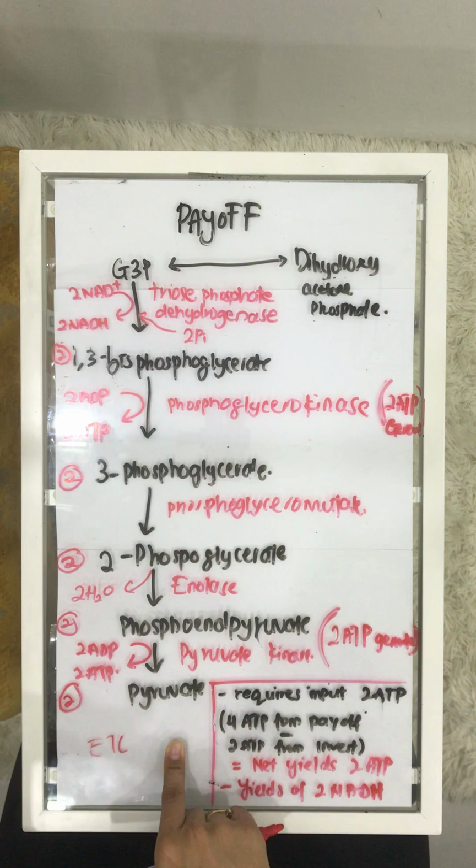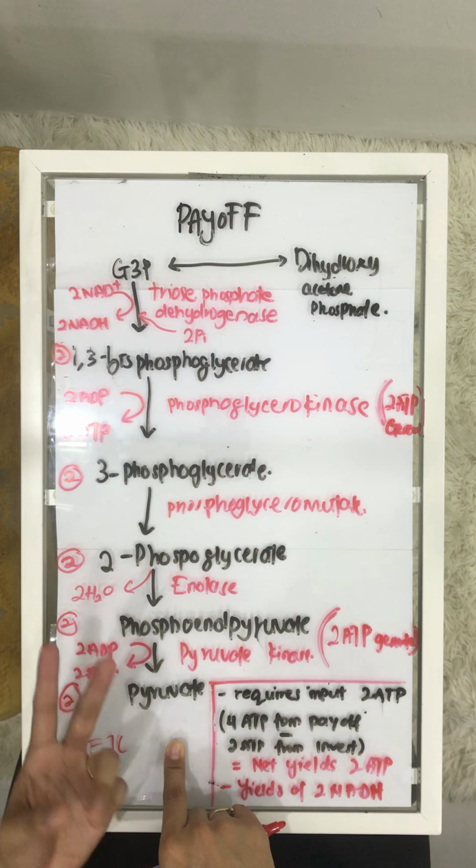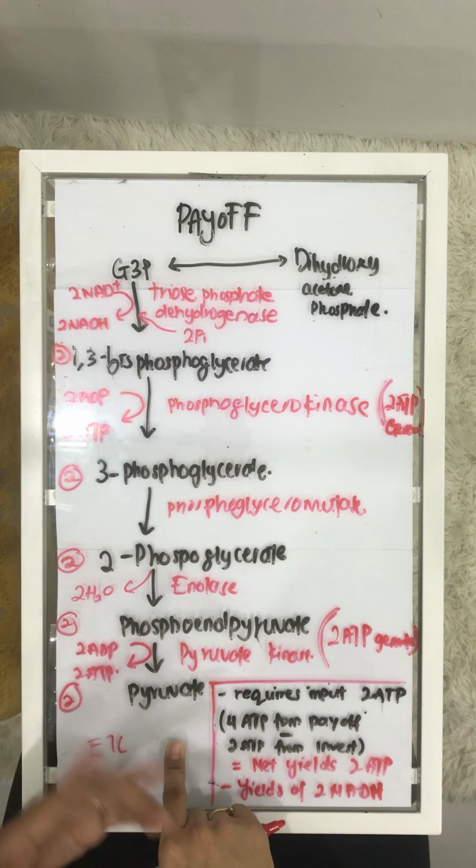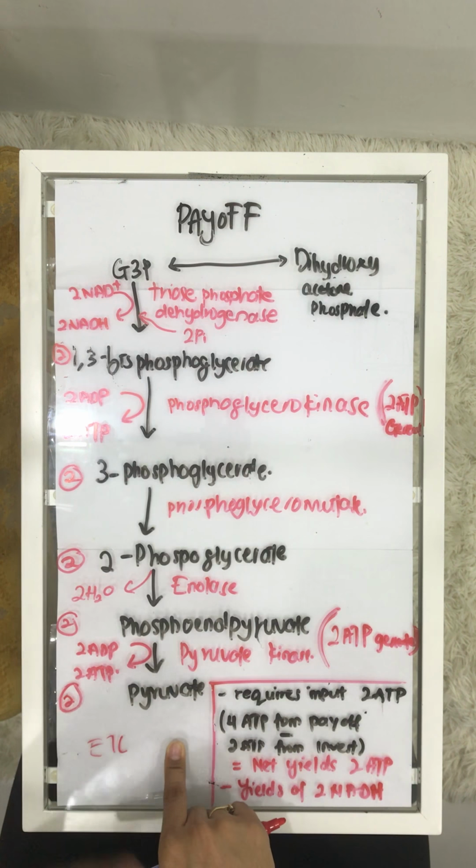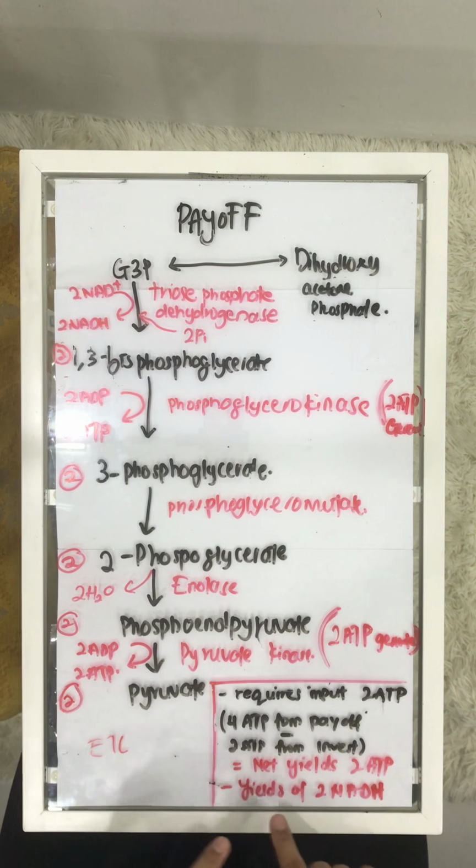Alright, so in the investment phase, 2 ATP are used, and in the payoff phase 4 ATP are generated. This gives a net yield of 2 ATP, and the yield of NADH is also 2.